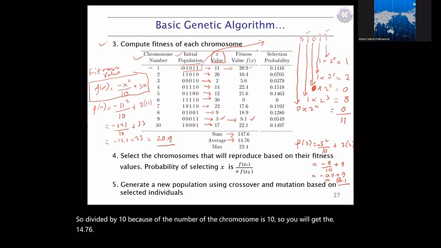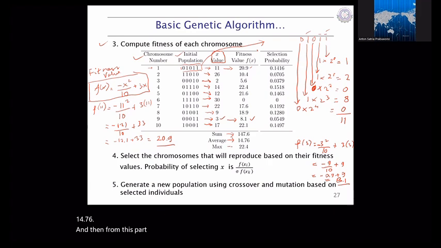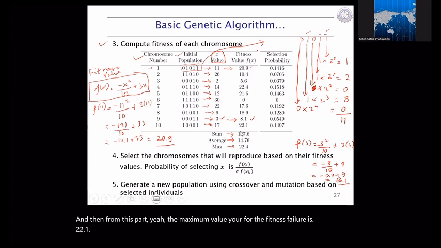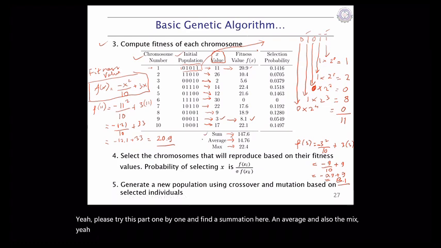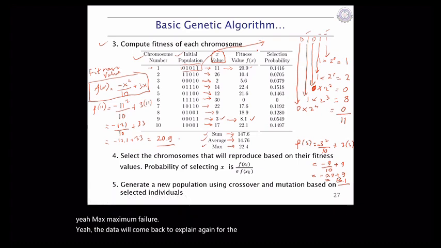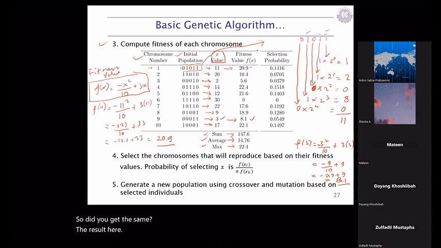And then from this part, the maximum value for the fitness value is 22.1. Please try to find this one by one. Maximum value, I will come back to explain again for the selection probability. Same result? Okay, good.